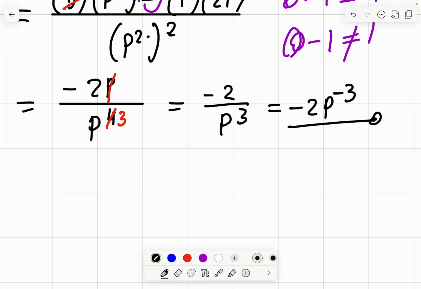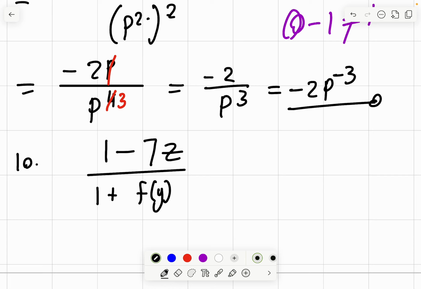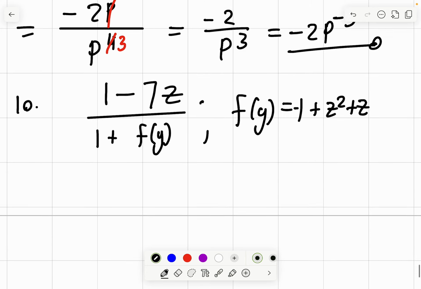So another one, we have number 10. Number 10 says 1 minus 7z divided by 1 plus f of y, where f of y is equal to negative 1 plus z squared plus z. Understand?